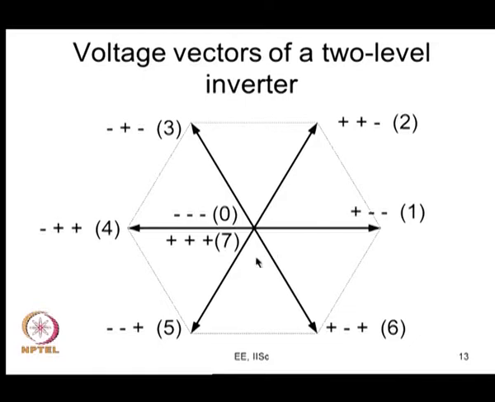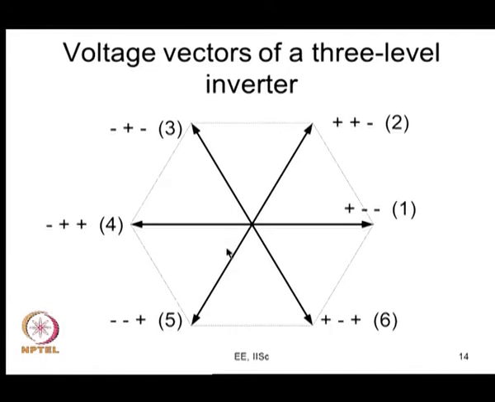In the 2 level case they are very clear: all the top switches are on, that is plus plus plus. So, here you will see all the 3 line to line voltages are 0, all the 3 line to neutral voltages VRN, VYN and VBN are also 0, and you will get your V alpha to be 0, V beta equal to 0.